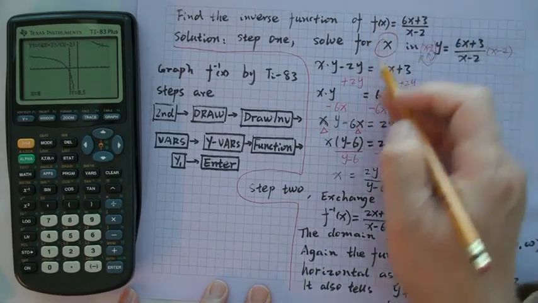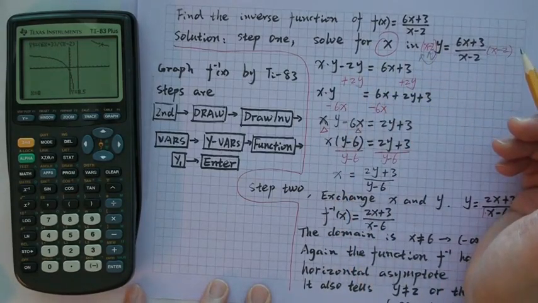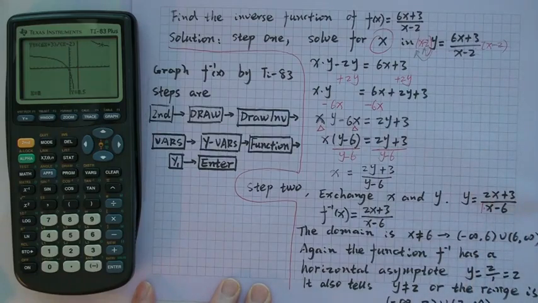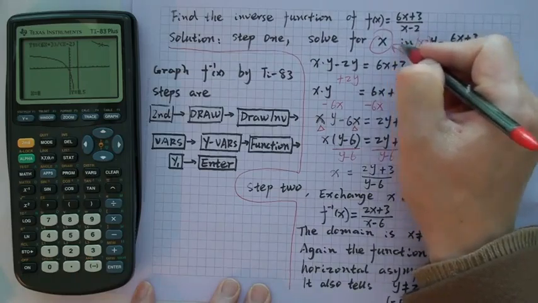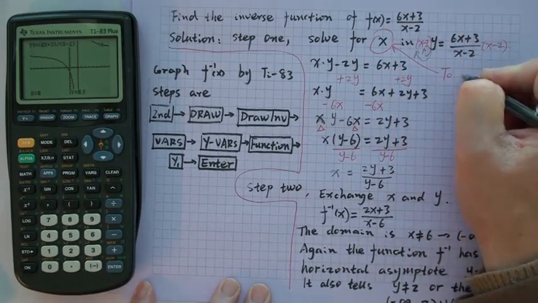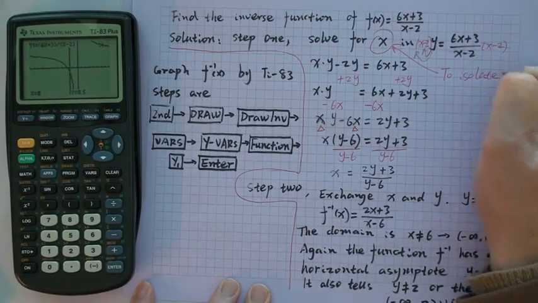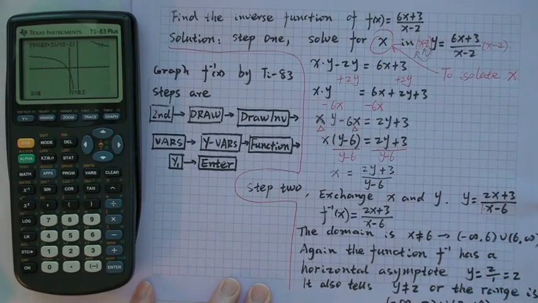x times y, negative 2 times y. Now the strategy is that you want to solve for x, which is to isolate x. Let x stand alone.